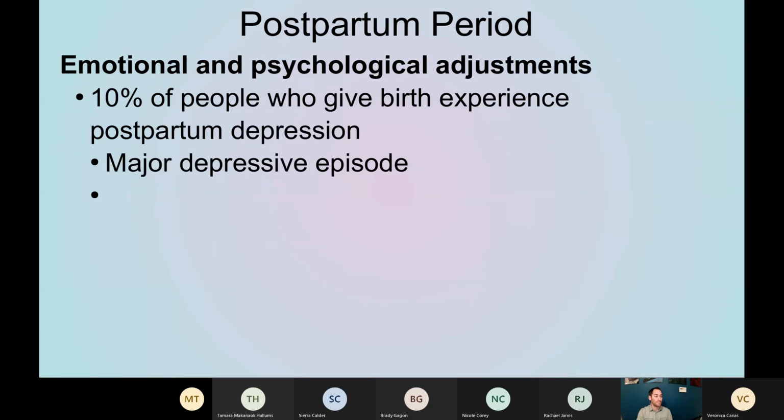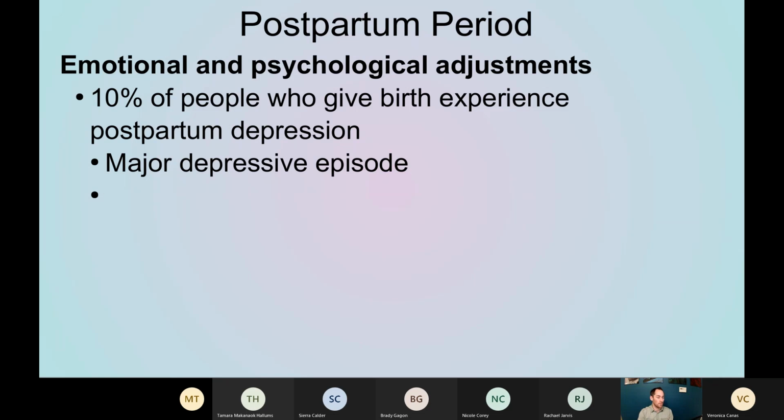If they don't, about 10% of people who give birth experience postpartum depression. Again, partners can also, but at a far lower rate. Essentially this is a major depressive episode that was triggered by giving birth, and the hormone changes can trigger this depressive episode. This is more common than I think we generally like to talk about.